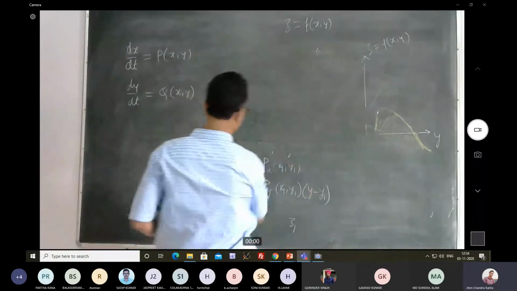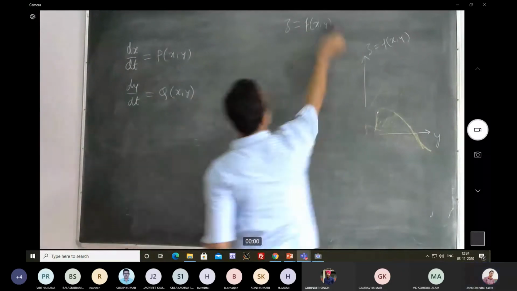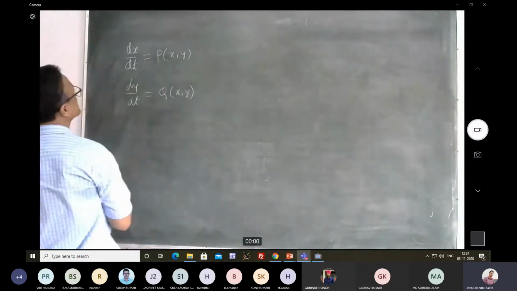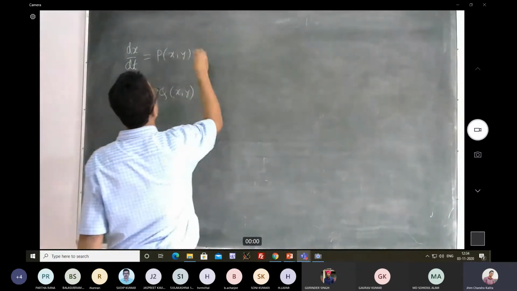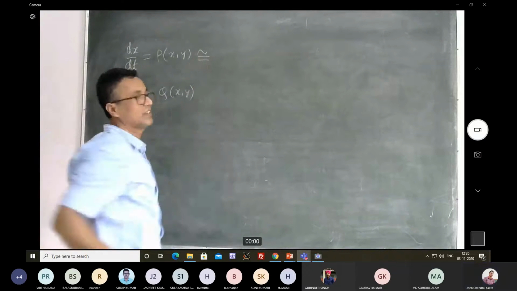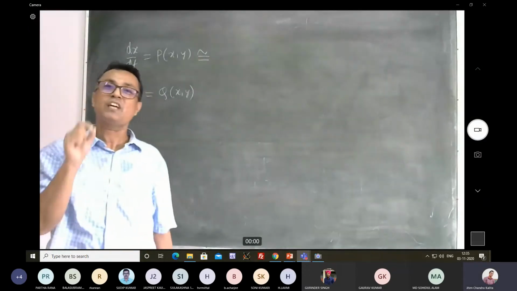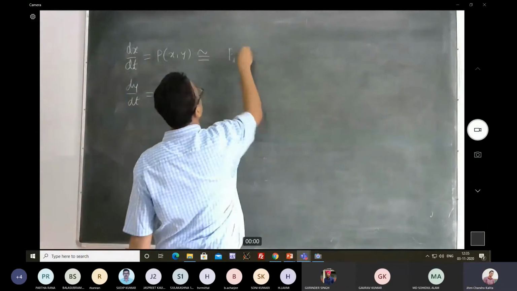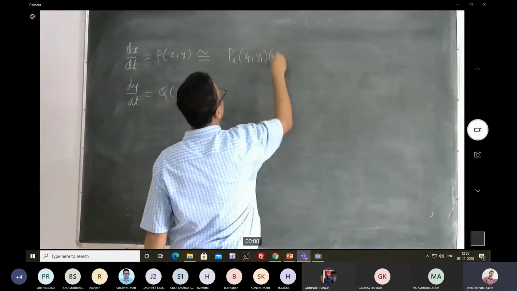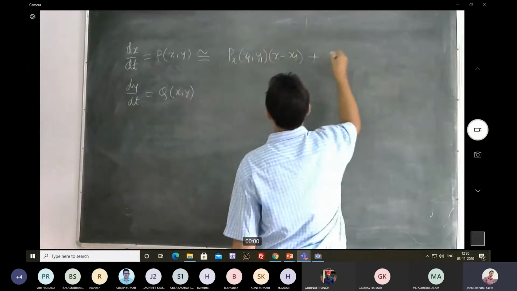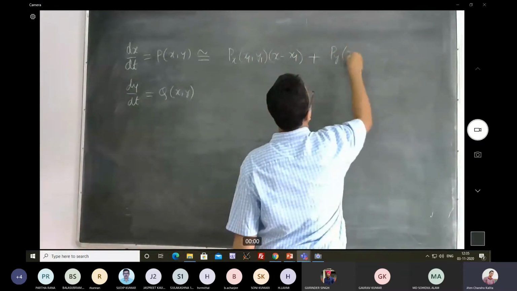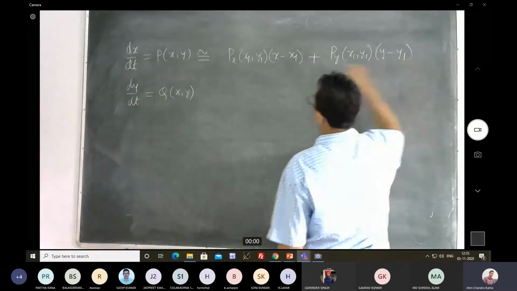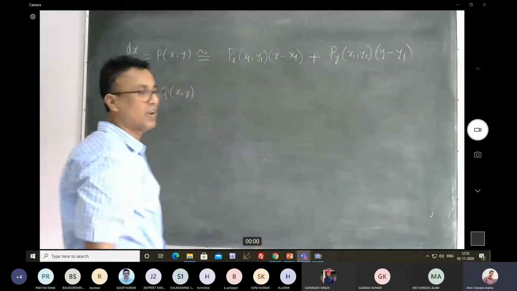Right? So that is why, now let me come back to this. This is my original system. So now you know that in the neighborhood of the critical point x1, y1, this can be approximated as p_x(x1, y1)(x minus x1) plus p_y(x1, y1)(y minus y1), and of course the value of p at (x1, y1) is equal to 0.